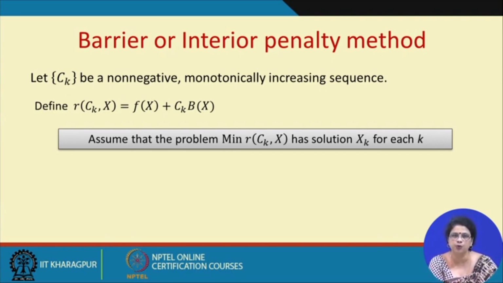If I want to move towards the feasible space, not exactly the boundary of the feasible space, at least towards the feasible space, then will the C value increase or decrease? As we have seen for the interior penalty function method, if we just increase the value of C, then we will reach the boundary of the feasible region. But in this case, we will see if we just decrease the value of C, we will reach the boundary of the feasible region.